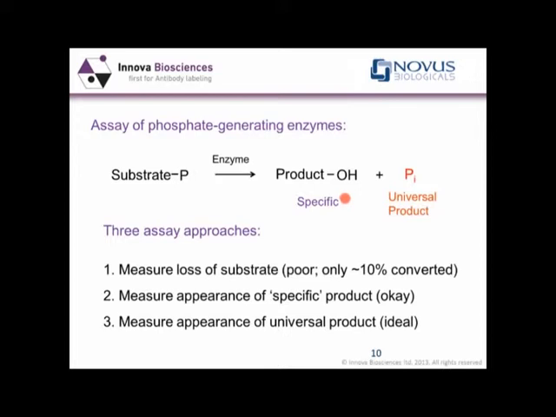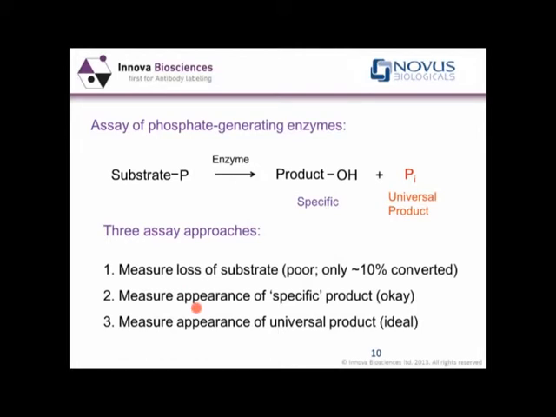So there are 3 approaches to performing an assay. You could measure the disappearance of the substrate. This is not really a good method because in a typical assay only 10% of the substrate is converted into product. You could measure the appearance of the specific product.